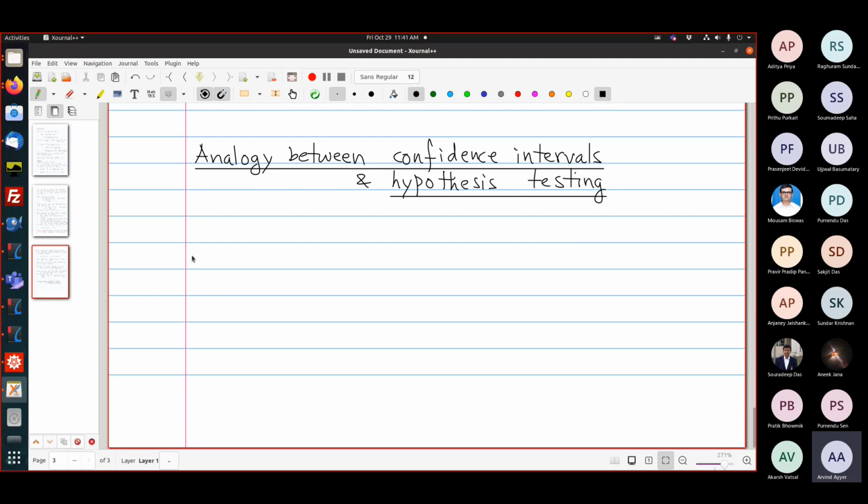So let's go back to the two-sided test of normal data with sigma known.